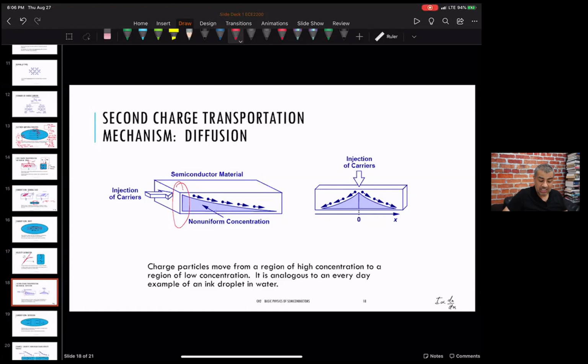So you have an excess amount of carriers there. Even if there is no electric field, just because there are fewer carriers here than there, the carriers tend to move from a place of high carrier concentration to a direction of low carrier concentration, just because there are fewer of them on that side.